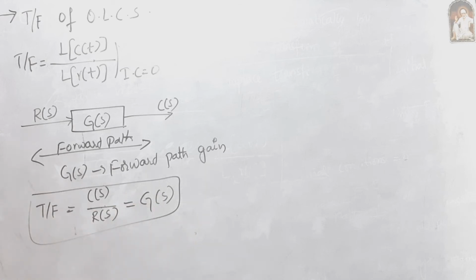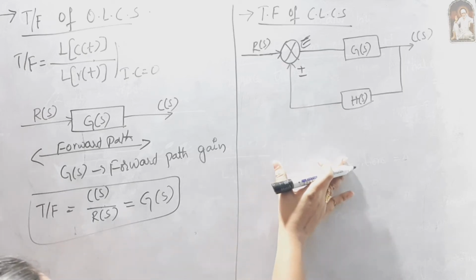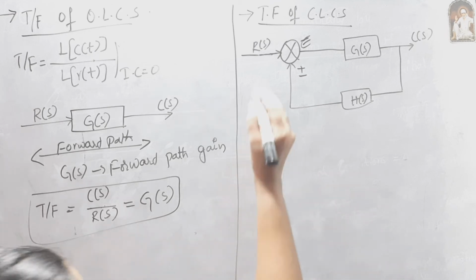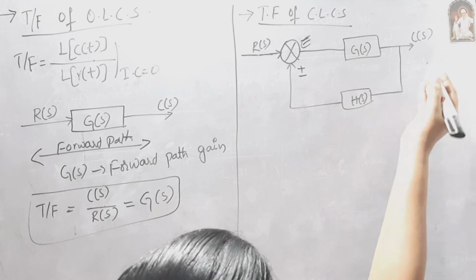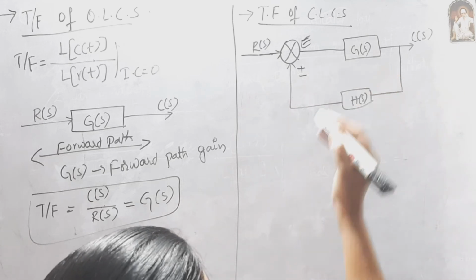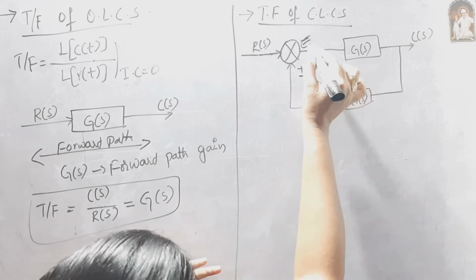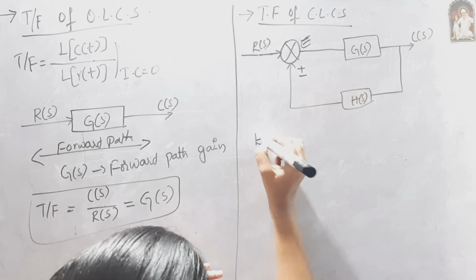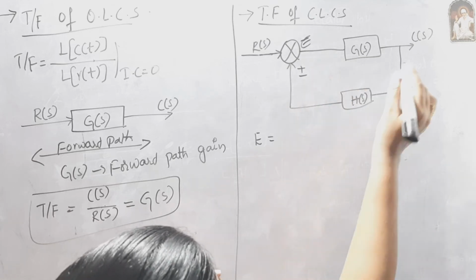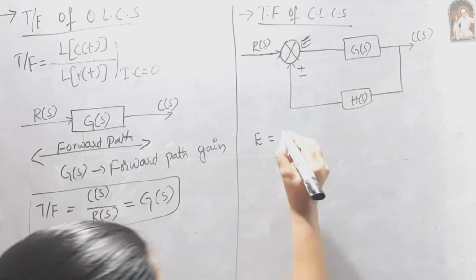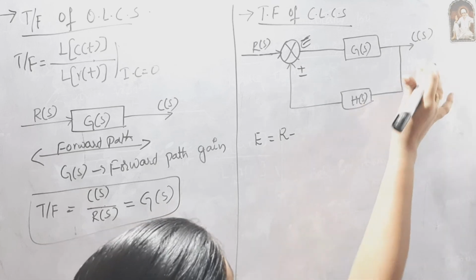Next we will see the transfer function of closed loop control system. Here R of S is input, C of S is output, H of S is feedback, and G of S is the forward path gain, or we can also call it the transfer function of forward path. If I write the equation for error signal, E equals input minus C into H. Why?